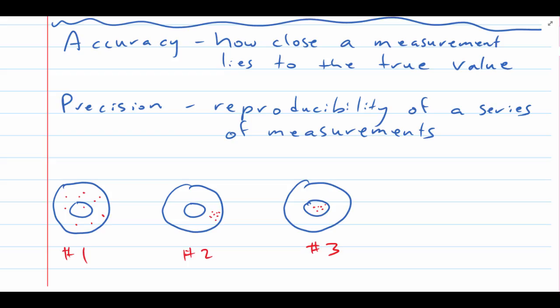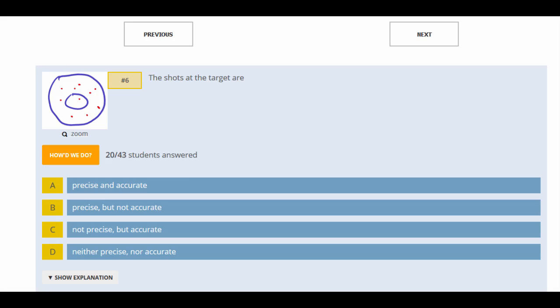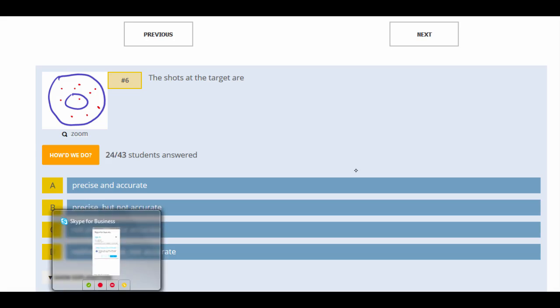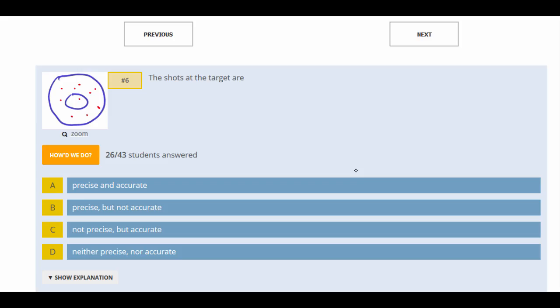Is it neither precise nor accurate? So let's go ahead and take about 5 more seconds. Get your answer locked in. And we will count down. 5, 4, 3, 2, 1. All right, very good. It is neither precise nor accurate.